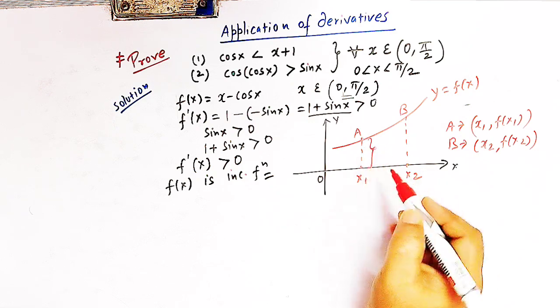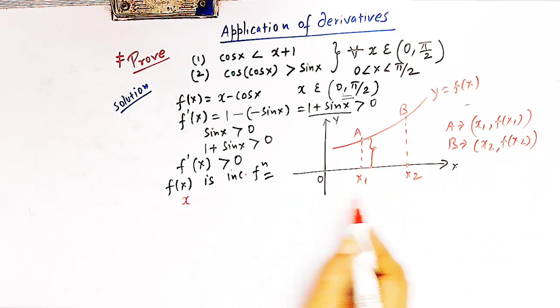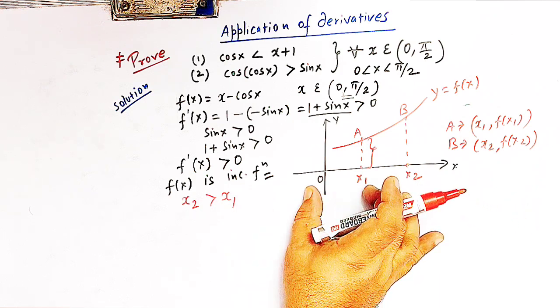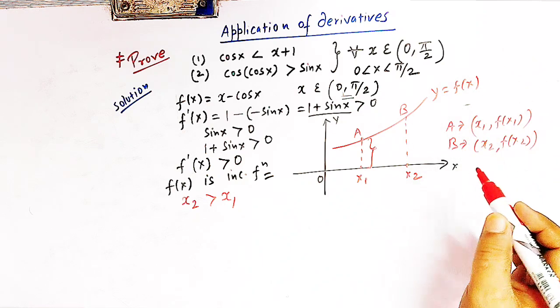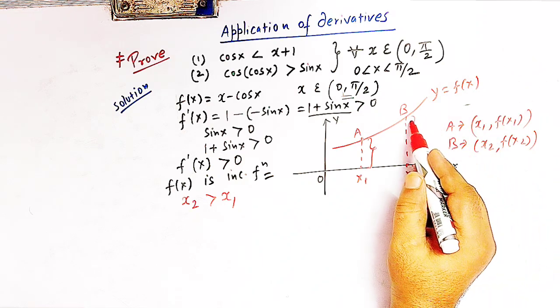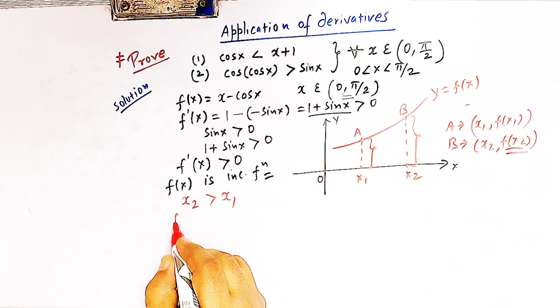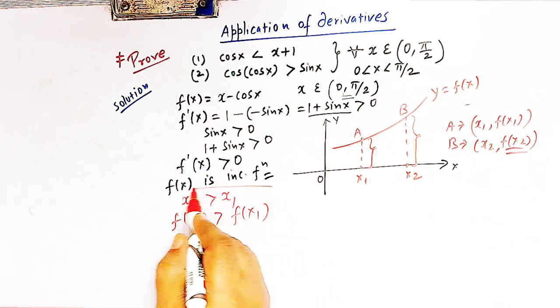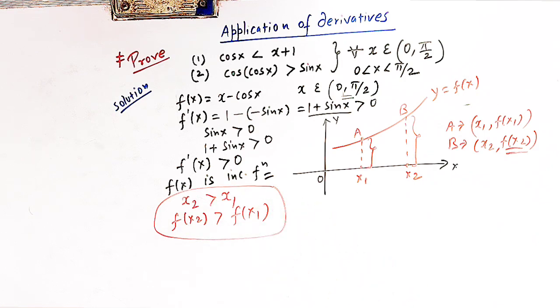Here x2 is greater than x1, and since the function is increasing, the ordinate f of x2 is also greater than f of x1. This is an important concept in increasing and decreasing functions.